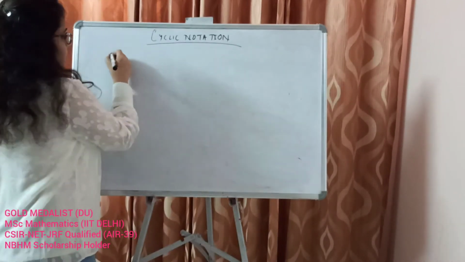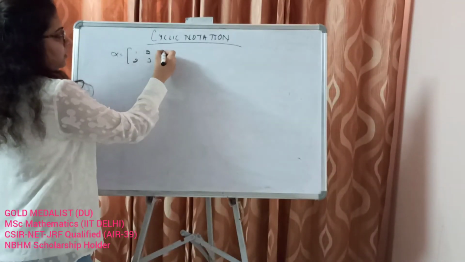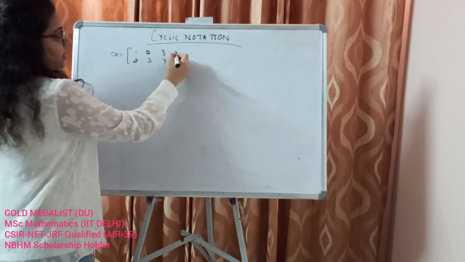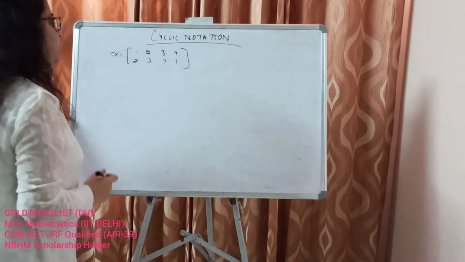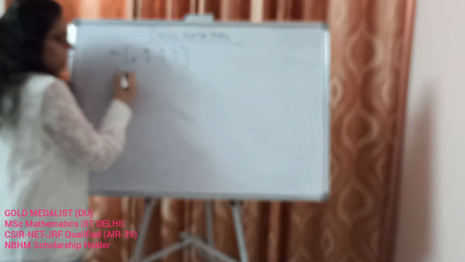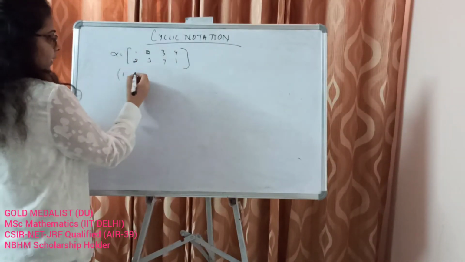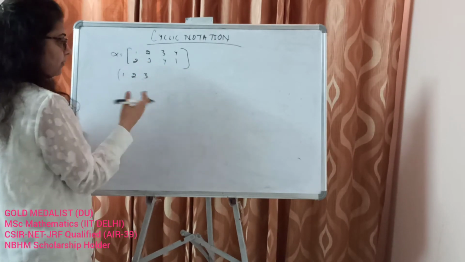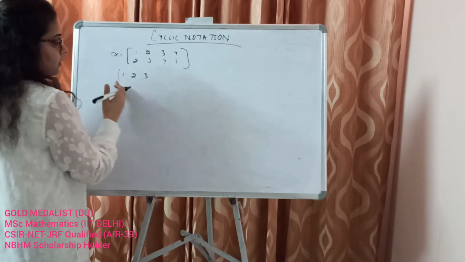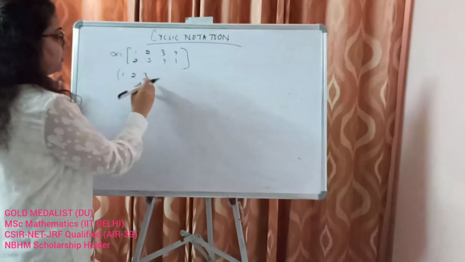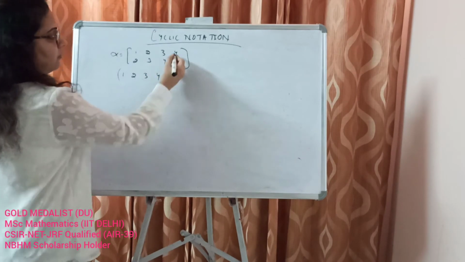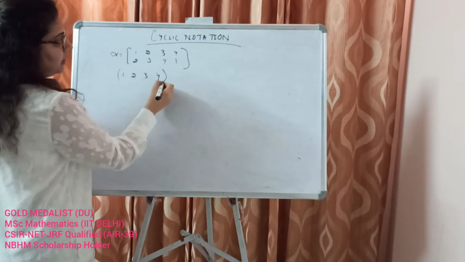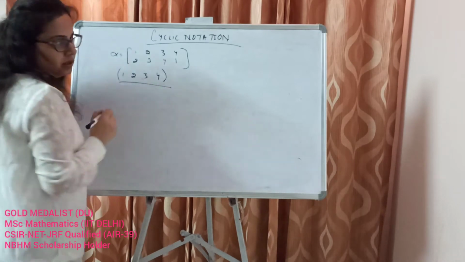Let's learn this cyclic notation. 1 goes to 2, 2 goes to 3, 3 goes to 4, and 4 goes to 1. What should be the cyclic notation? 1 goes to 2, 2 goes to 3, and we keep on writing the elements unless we repeat an element, that is, unless 1 comes again. 3 goes to 4, 4 goes to 1. We close the bracket. So this is a simple cycle.